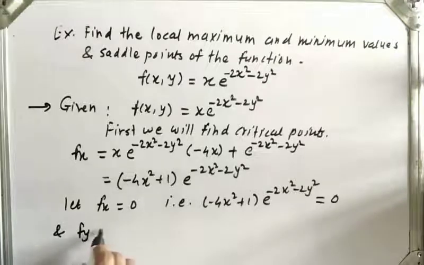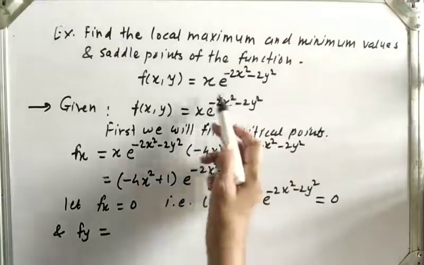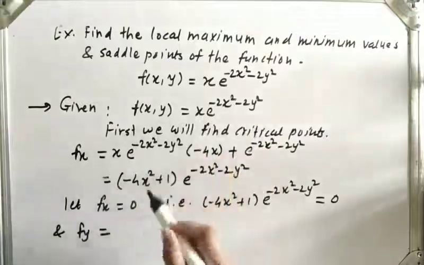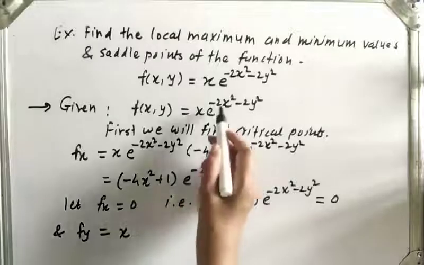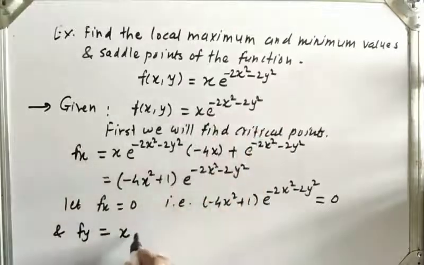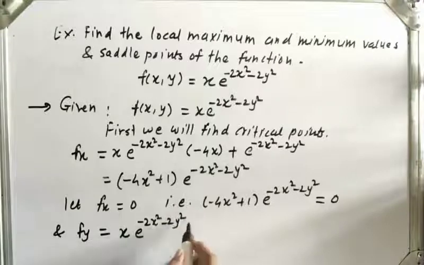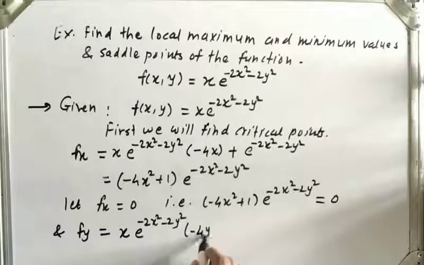And fy is equal to, what is our fy? Take its derivative with respect to y. Now there is only one function of y, so x is constant, keep it as it is. The derivative of e raised to minus 2x square minus 2y square with respect to y will be e raised to minus 2x square minus 2y square. Again the derivative of minus 2x square minus 2y square with respect to y will be minus 4y.